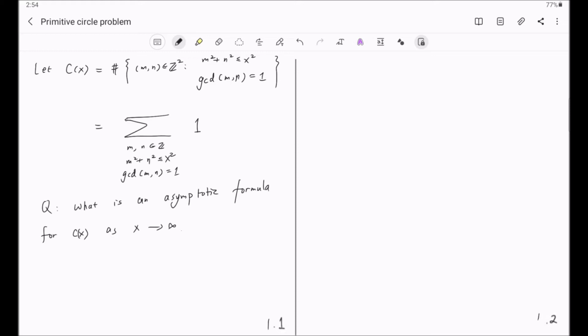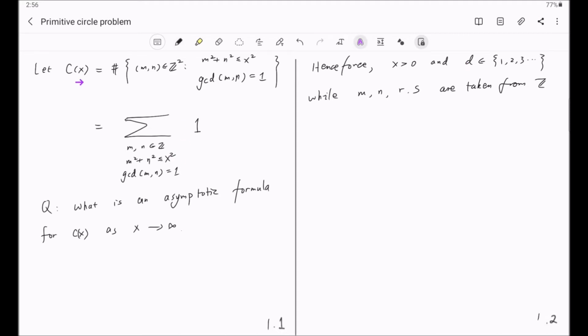To simplify our notation a little bit, henceforth, we assume that x is always a positive number and d is always a positive integer. Well, m, n, r, s are taken from Z. So m, n, r, s could be positive, negative, or 0, but d is always a positive integer.